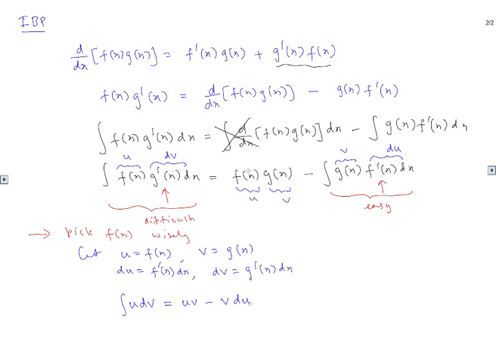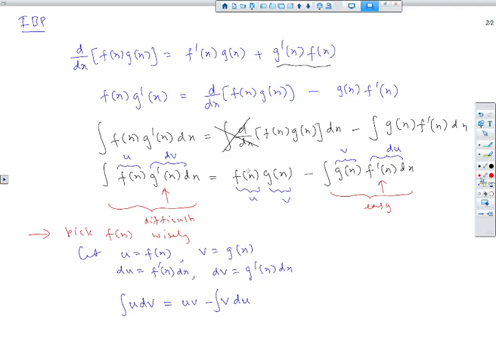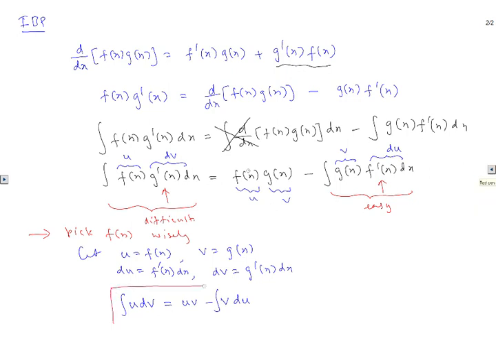This is what we call the integration by parts formula, sometimes called IBP. So the integral of u dv equals uv minus the integral of v du.